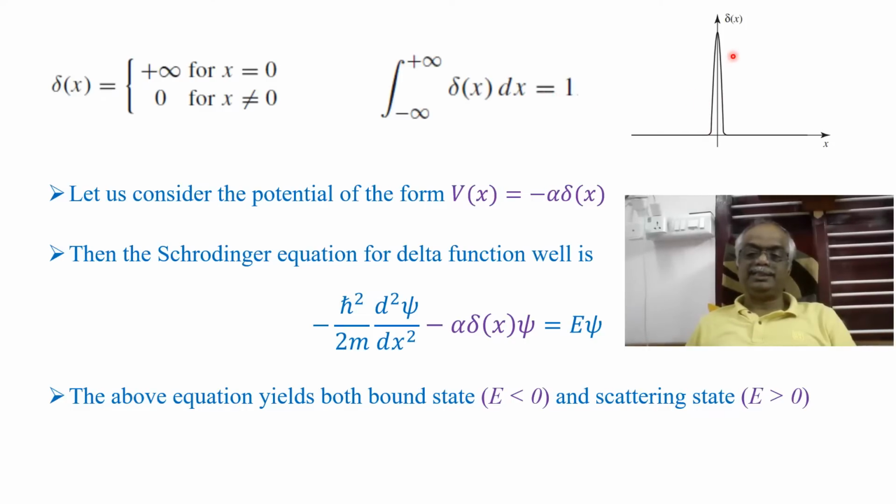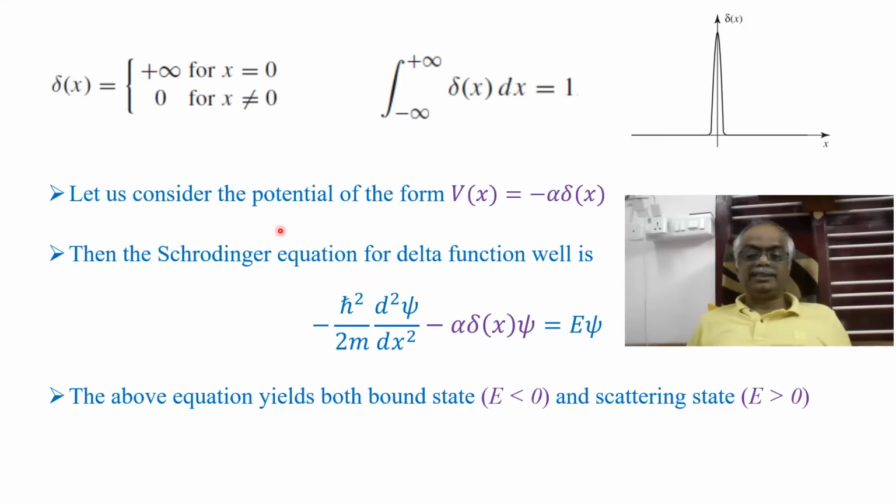That is the delta function. If you take the area under this curve, it must be 1. So this height tends to infinite and width tends to close to 0. If you take the product of height and width, you will get 1.